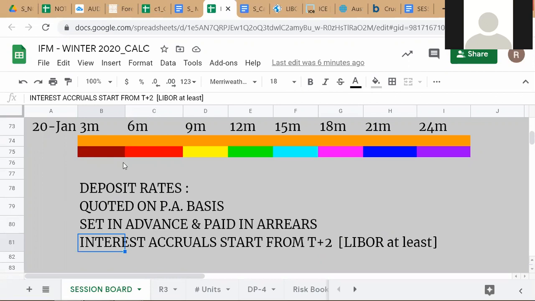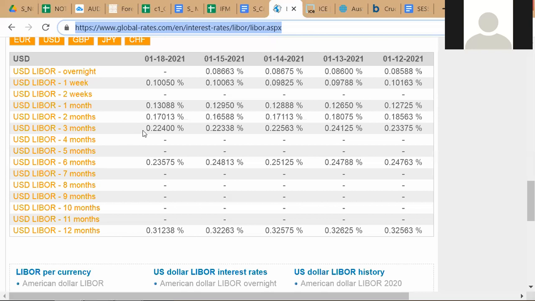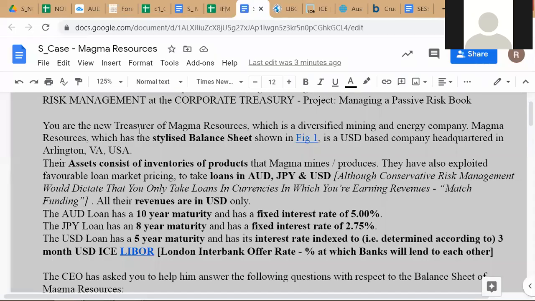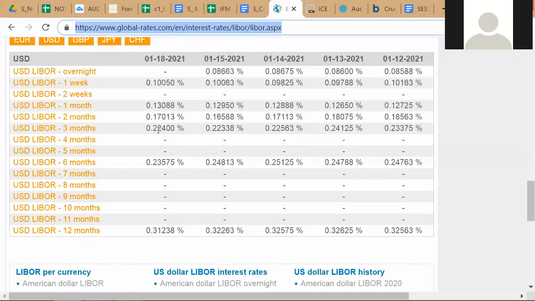So Srishti will pay interest on her loan from Friday for the next 3 months at the rate of 0.224. There is no uncertainty about the first period's interest rate, because at the time the loan is sanctioned, we look at that day's LIBOR rate, and then 2 days later the money is disbursed and the interest accrual starts. So for the first period it is 0.224.